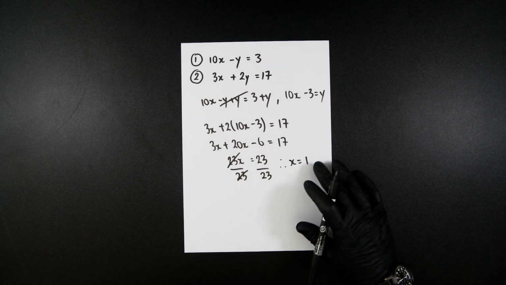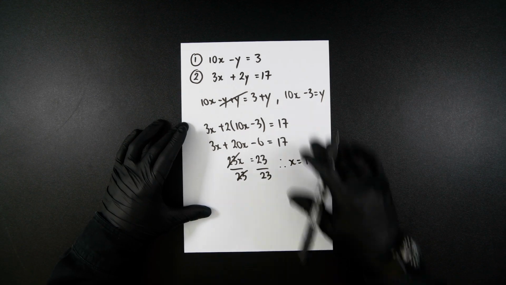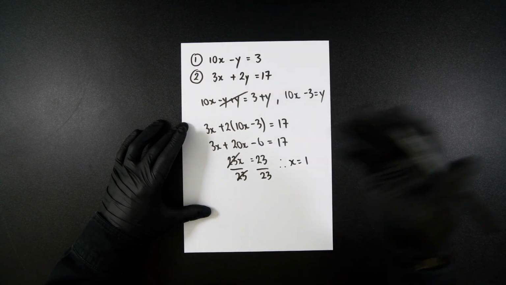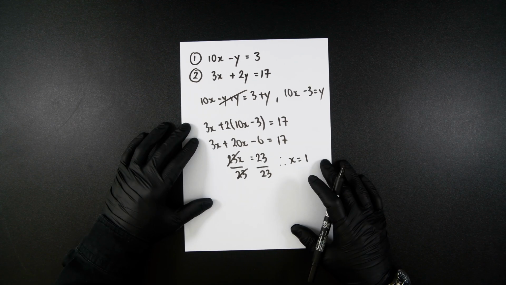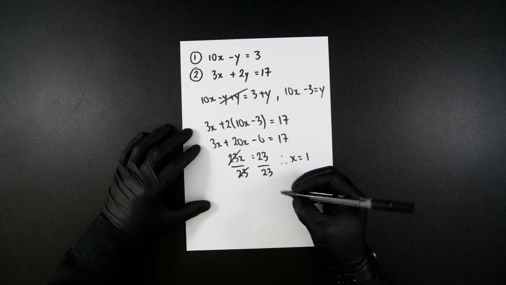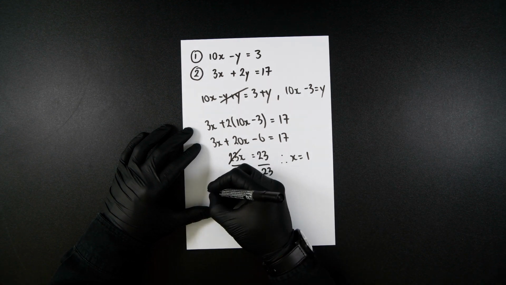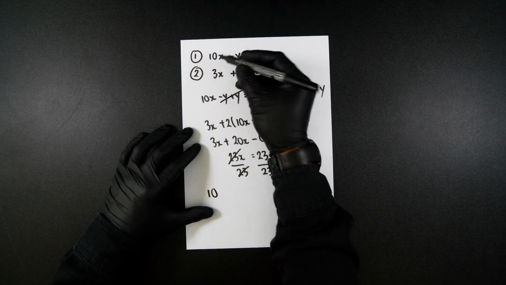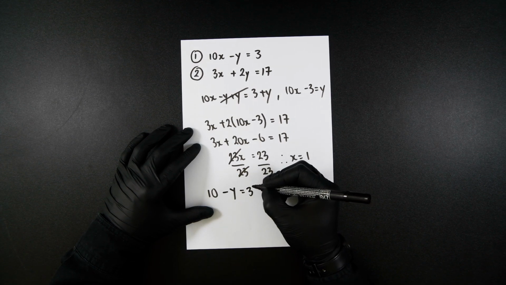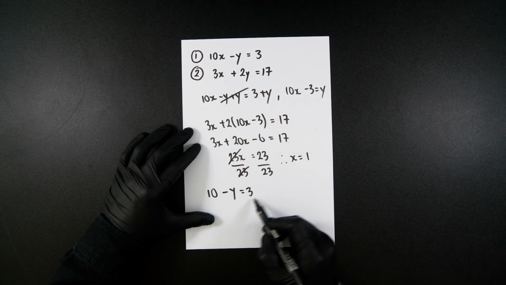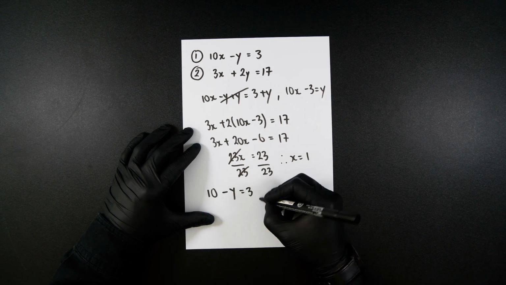We can now take this value for x and plug it into any of these two. It doesn't really matter which one. I don't think either one looks any easier than the other, but I'll substitute it into equation 1. So 10 times 1 is 10, minus y equals 3. We now move the y to the other side.